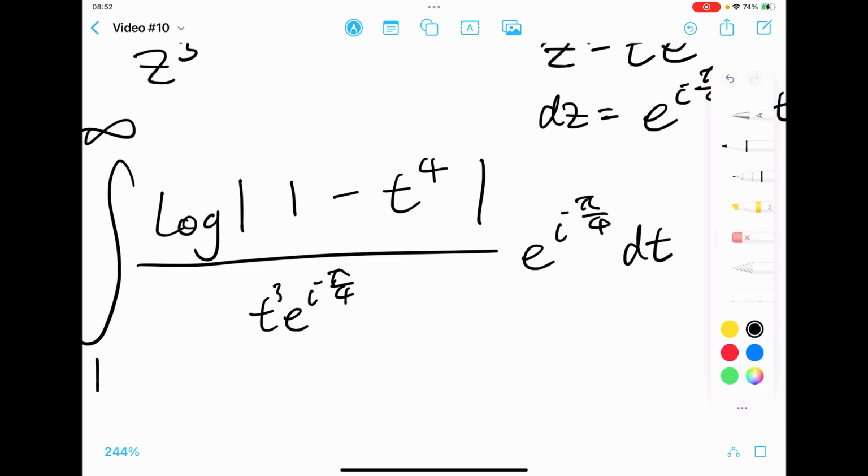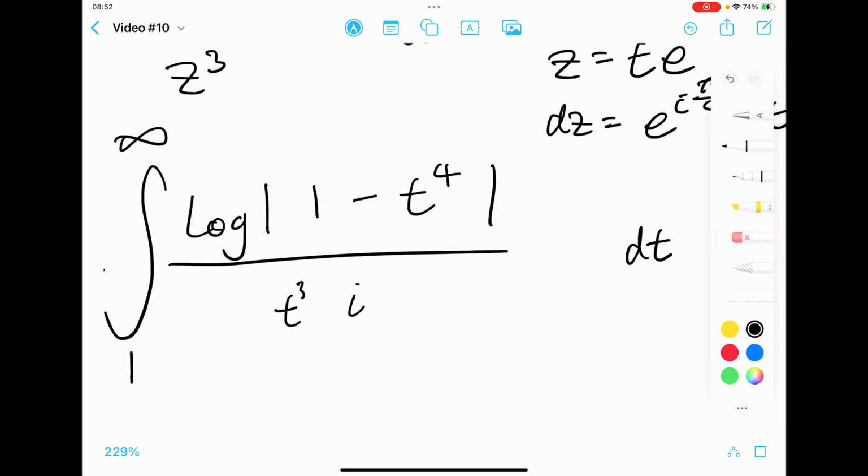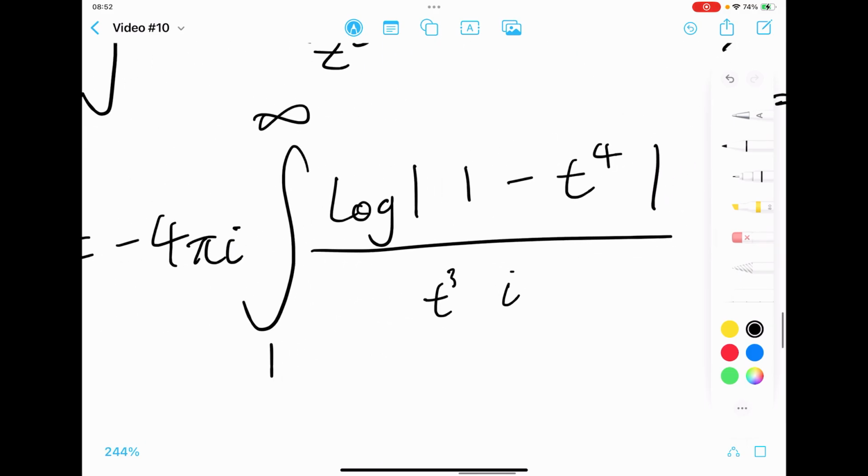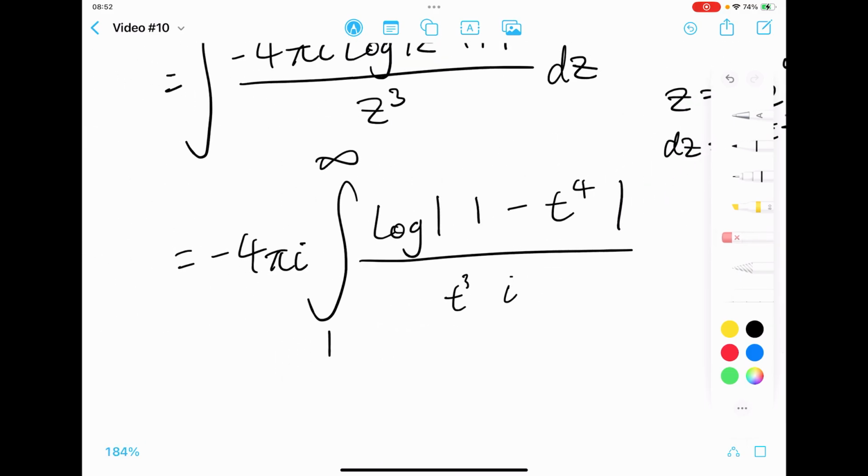It's going to cancel out one copy of that, becoming a t squared. Hope I've done that right. Which means that's going to be i. So that's going to be an i, nicely cancelling out with the i out front. So that's going to be it.